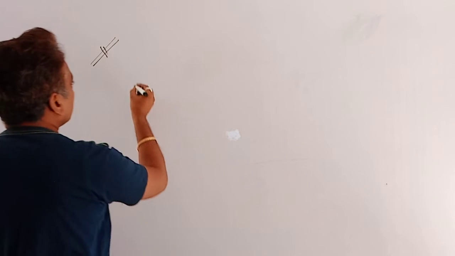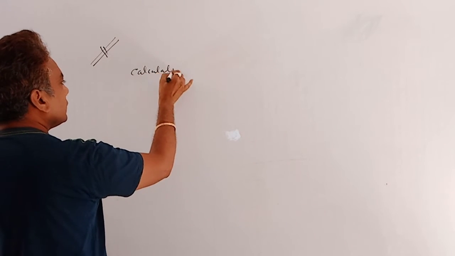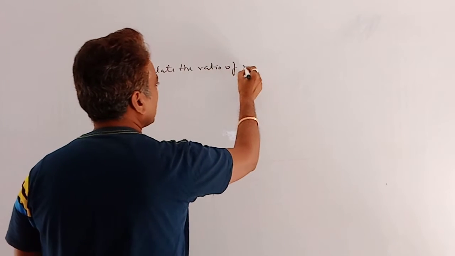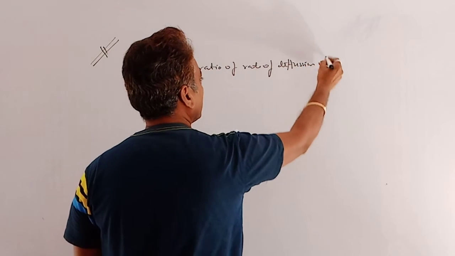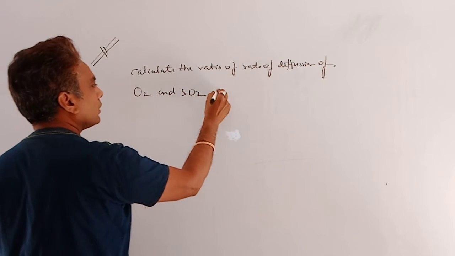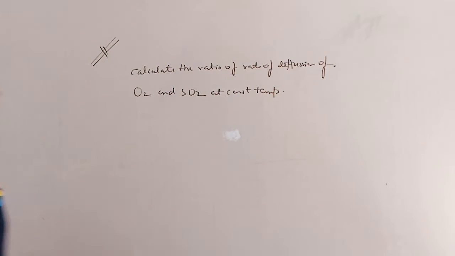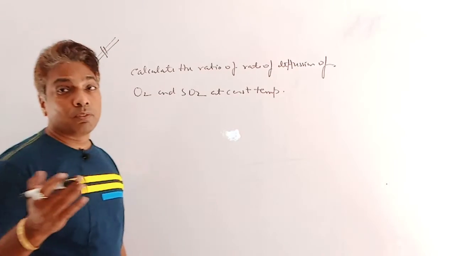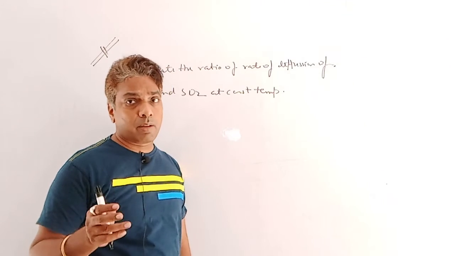Suppose, calculate the ratio of rate of diffusion of oxygen and sulfur dioxide at constant temperature. Simply, the question is: calculate the ratio of the rate of diffusion of oxygen and sulfur dioxide at constant temperature.